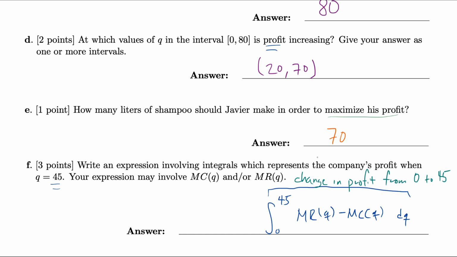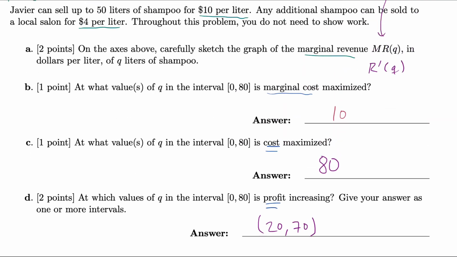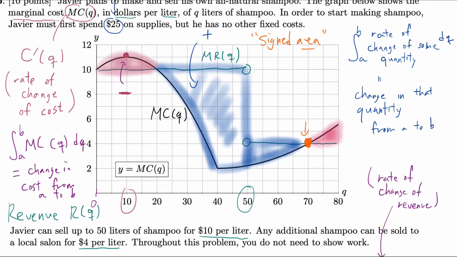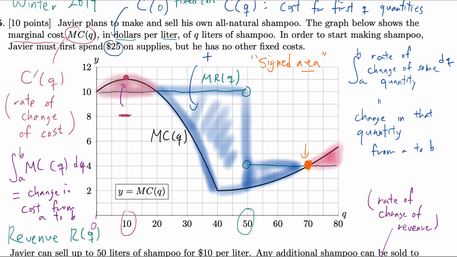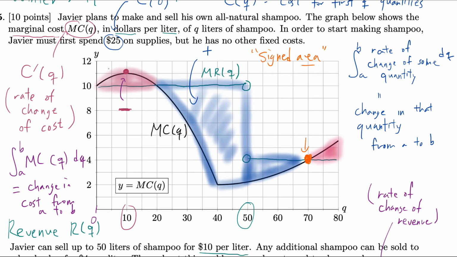But this isn't quite right, because we got the change in profit from 0 to 45, but that's not quite the company's profit when Q is 45, because how much profit are we starting with at 0? Well, when quantity is 0, remember, we're not making any revenue according to the problem, but at initial quantity, we have to start by spending $25 on supplies.